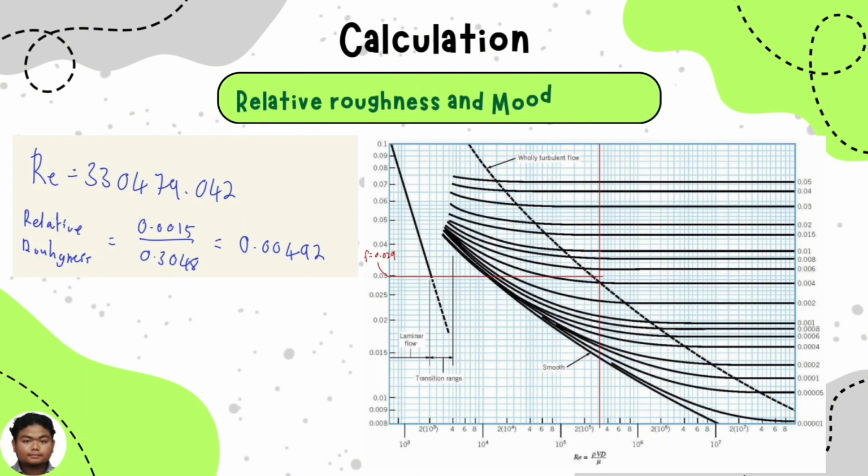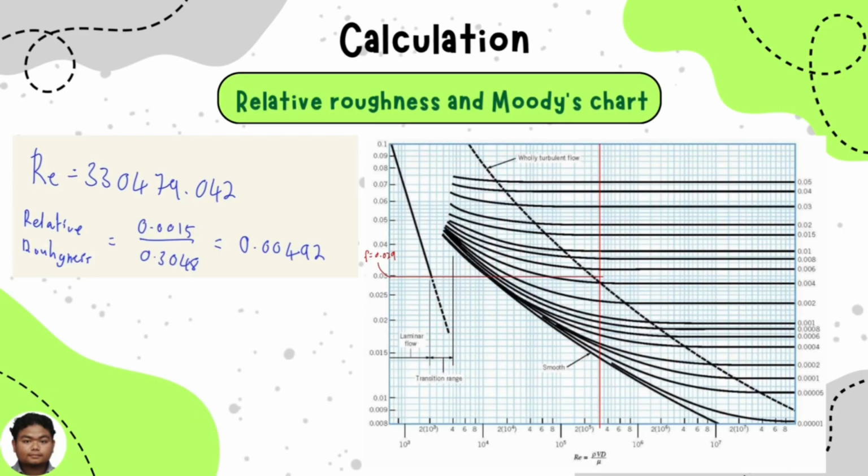Next up, we're going to find the friction by using relative roughness and the Moody chart. First, for the Moody chart, we have to refer to our Reynolds number and relative roughness. Our Reynolds number we got just now.